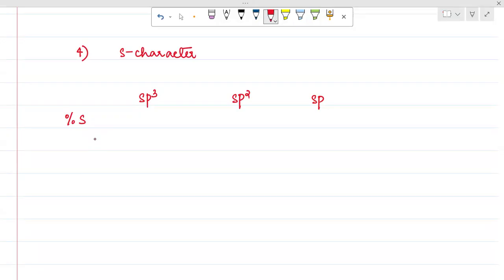There are a total of 4 orbitals and 1 is s, so 1 by 4 into 100, 25%. This is 1 by 3. Out of the 3 orbitals, 1 is s, so this is 33.3%. And in sp, 1 is s, and that is 50% s character.